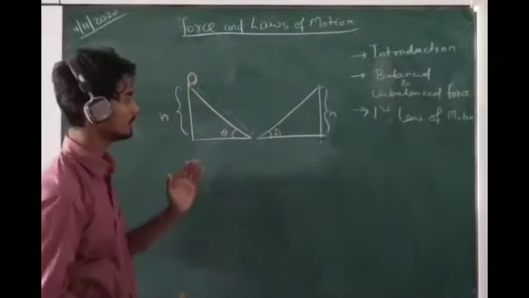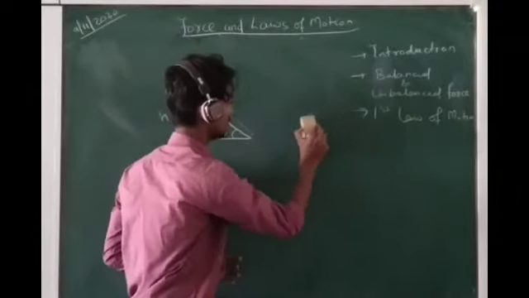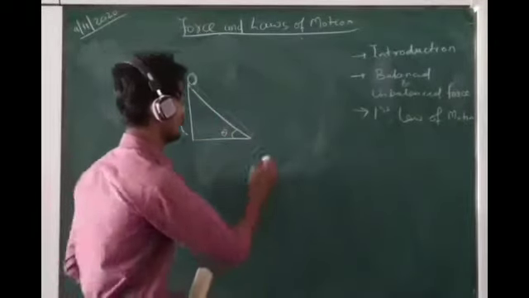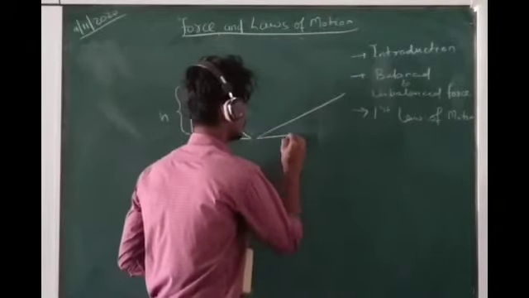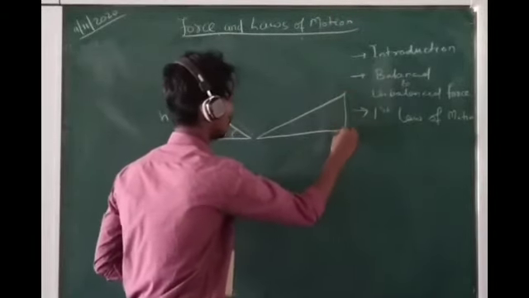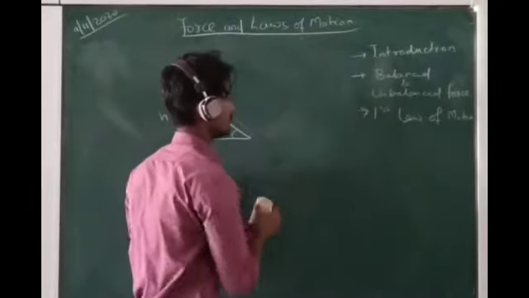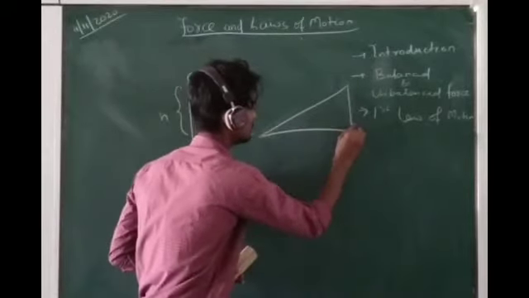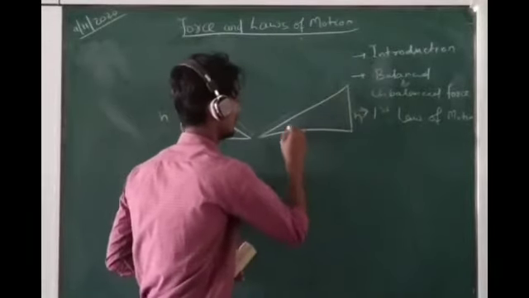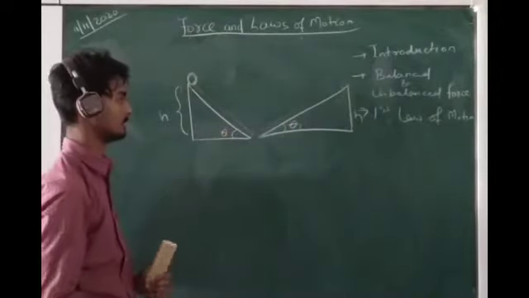Now Galileo changed the apparatus. What he did, he removed this inclined surface and put another inclined surface whose height is the same, h, but its angle is not the same. This angle is theta 1, let's say, and theta 1 is less than this theta.